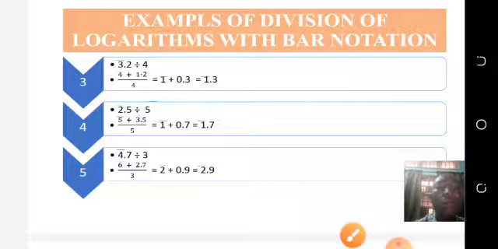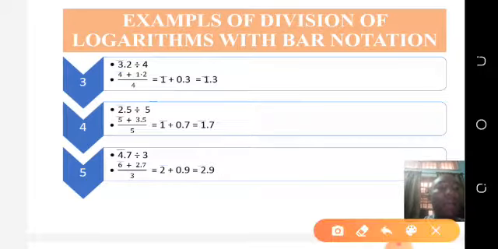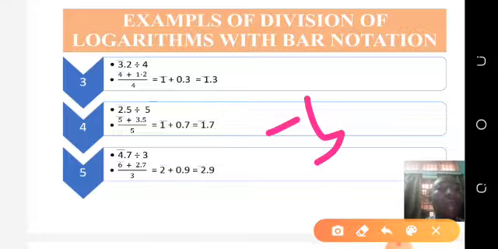Example 4. Bar 2.5 divided by 5. You cannot use 5 to divide bar 2 because they are not the same. What are the multiples of 5? Good. 5. 5 is greater than 2. We can use 5. Okay? If you are using 5 as a negative value, what other value can you use to convert minus 5 back to minus 2?